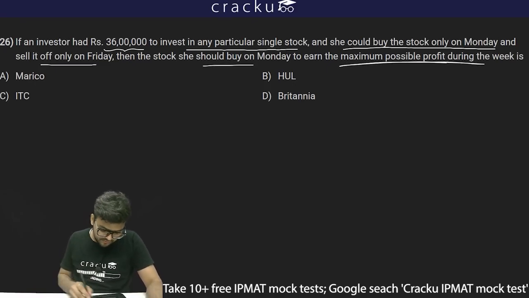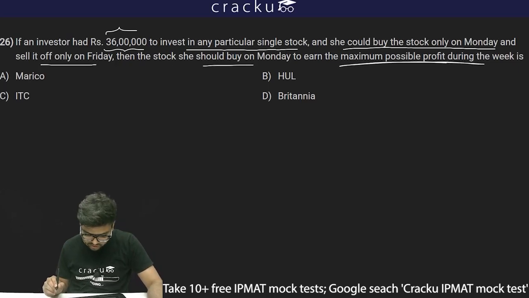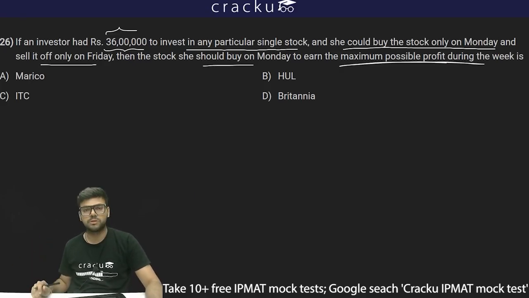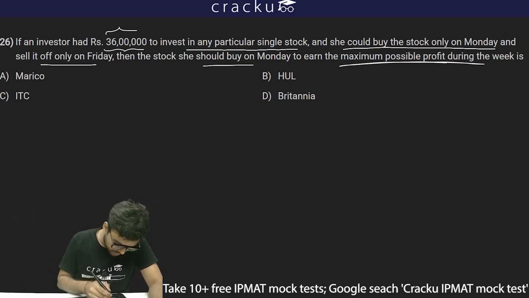So first of all, she has 36 lakh rupees and she has to buy the stock on Monday and sell it on Friday only. And now she wants to make the profit as maximum as possible. So what we have to do, basically, is check for each of them. We have to buy the stock for each company on Monday and sell it off on Friday. So we have to see the prices of each.